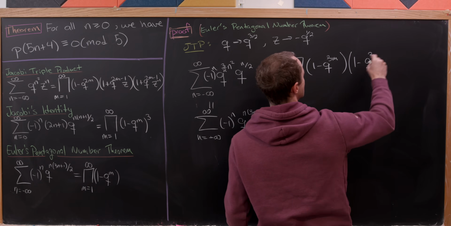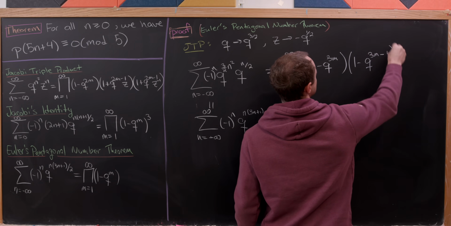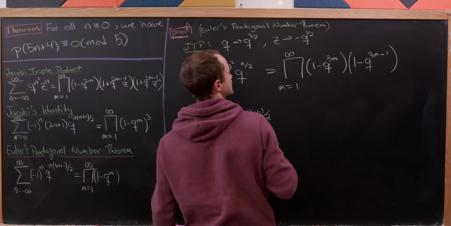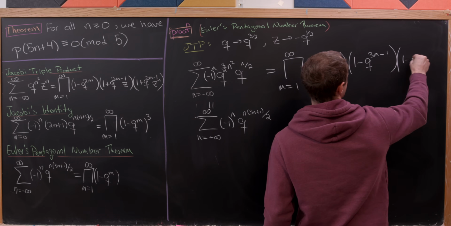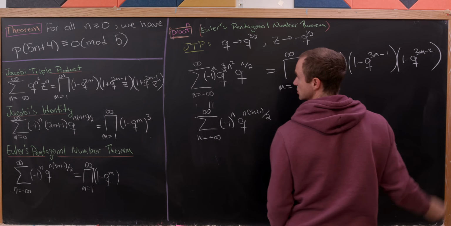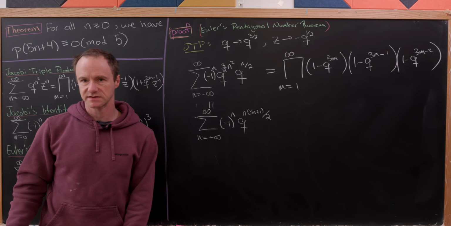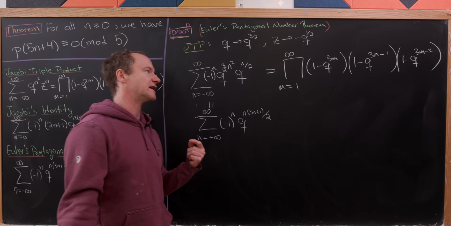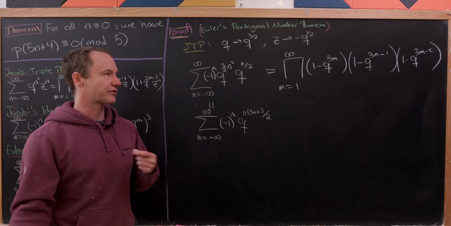So that's going to be 3m minus 1. And then notice the minus changes to a plus because of this substitution right here. And then for the last term, we're going to have 1 minus q to the 3m minus 2 for similar reasons. But now let's observe that all positive integers are either of the form 3m, 3m minus 1, or 3m minus 2.